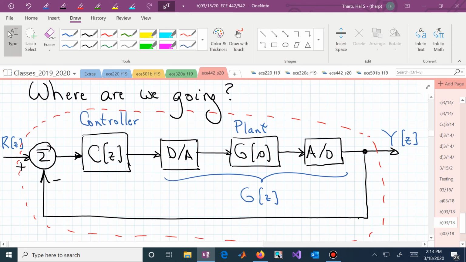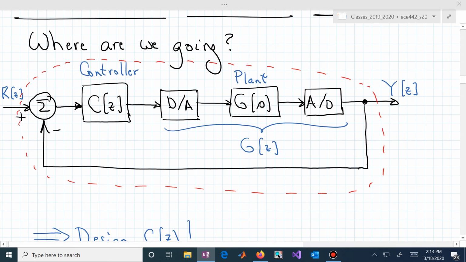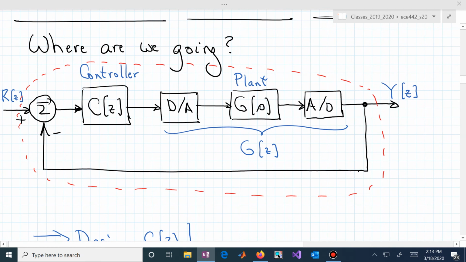That's where we've been. Where are we going? Well, what we want to do now is start putting all of that together. We've learned how to build G of z by zero order hold equivalence. We also know how to create a C of z. If somebody gave you a C of s, you could find the discrete equivalent using numerical integration strategies or pole zero mapping.